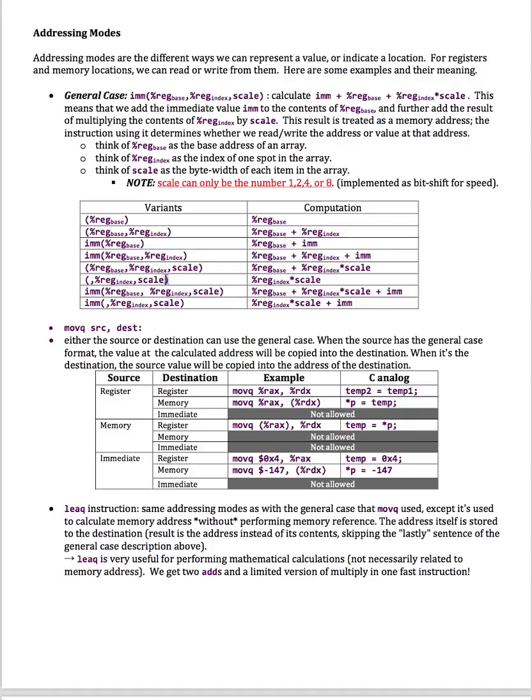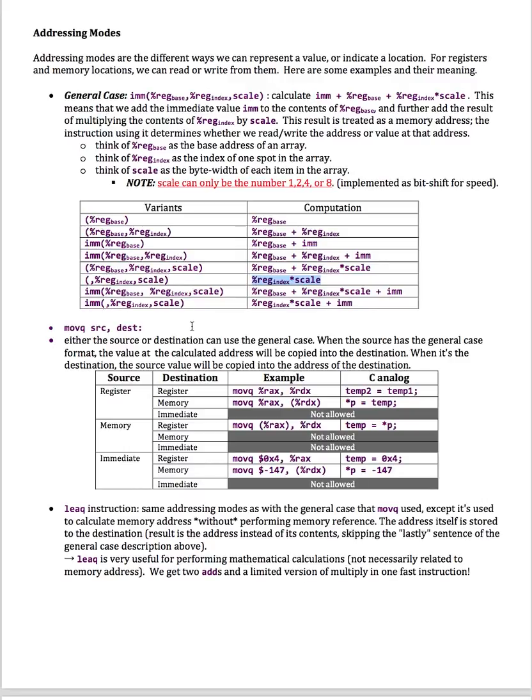Let's try this one. In here, you don't have immediate and you don't have base register. What this means is that the immediate is 0 and base register is 0. Plugging in base register of 0 and immediate of 0, this actually becomes this.